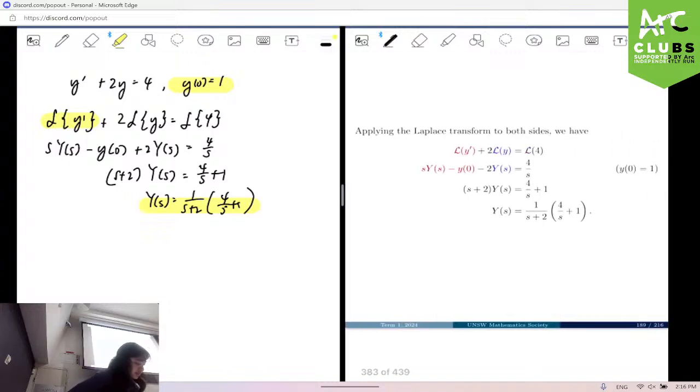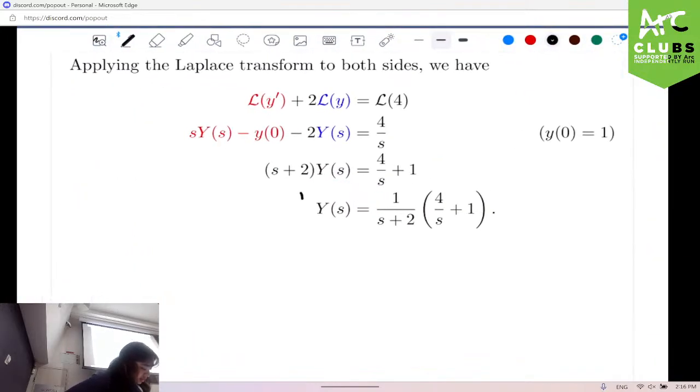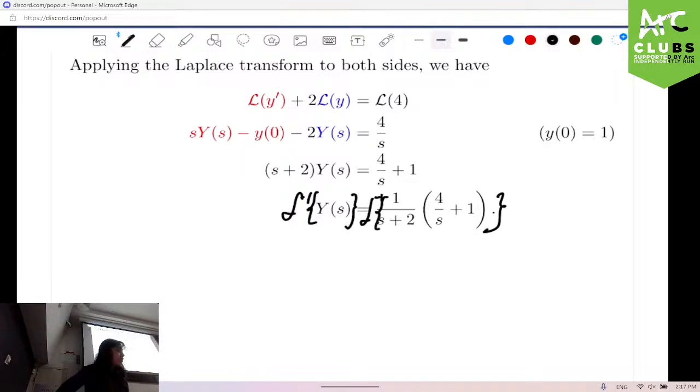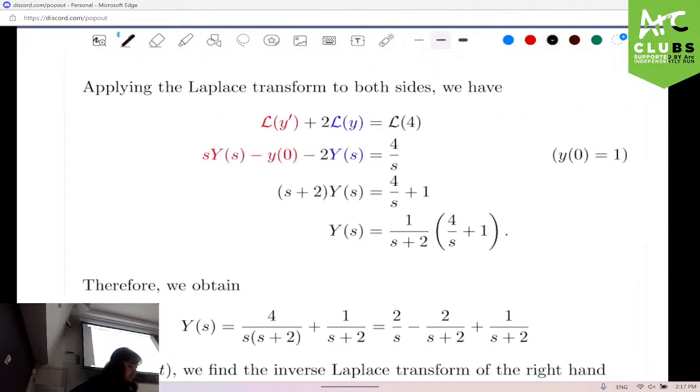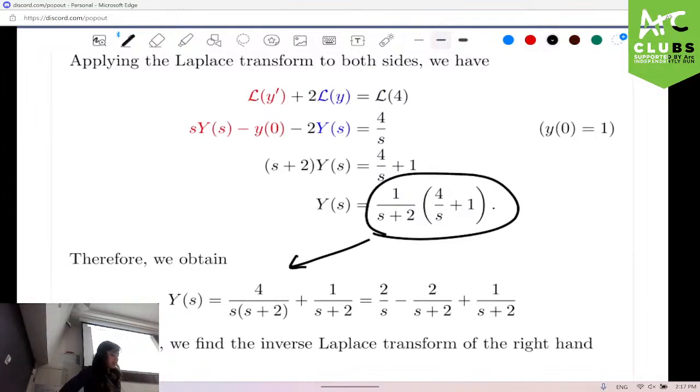Okay, so let's inverse these. First of all, let's expand this. When we expand this, we will get this, and you have to trust me on this, but when we do the partial fractions, we'll get that.